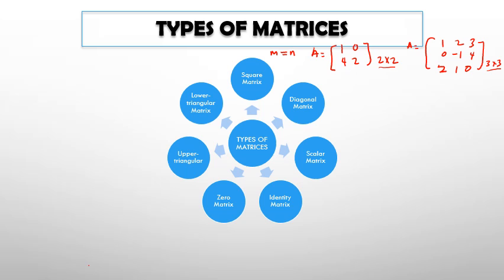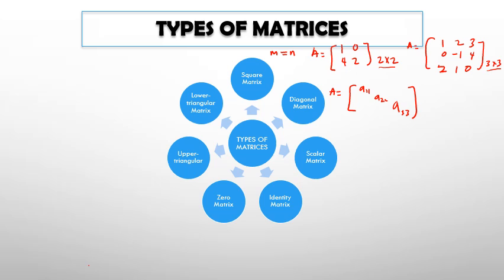So what is a diagonal matrix? A diagonal matrix is a square matrix, but only the entries on the diagonal are non-zero. The rest are zeros. For example, we have A, with A11, A22, A33, the elements on the diagonal.